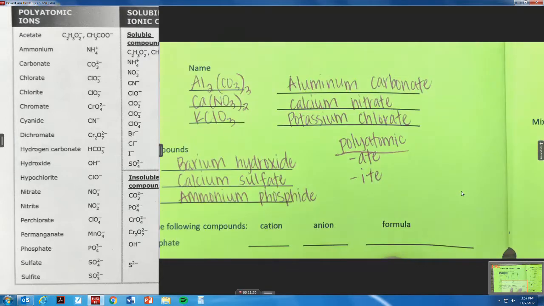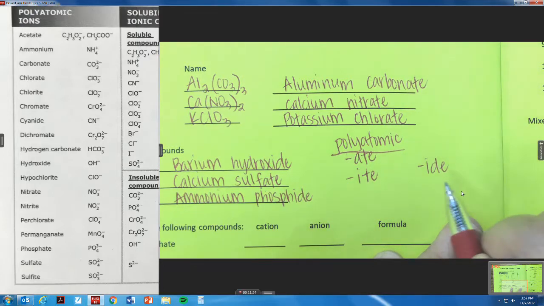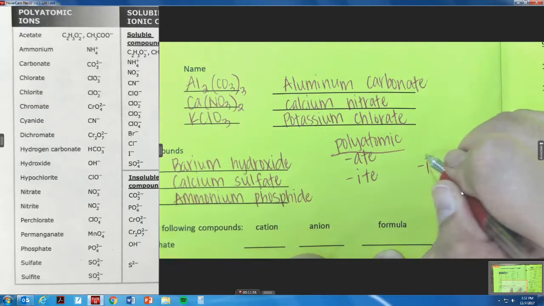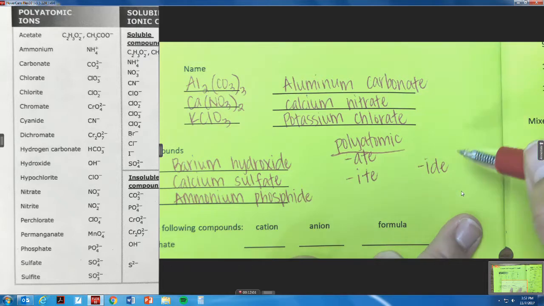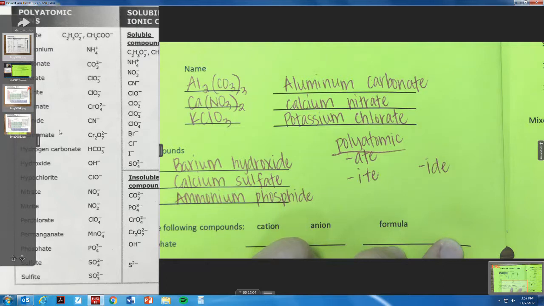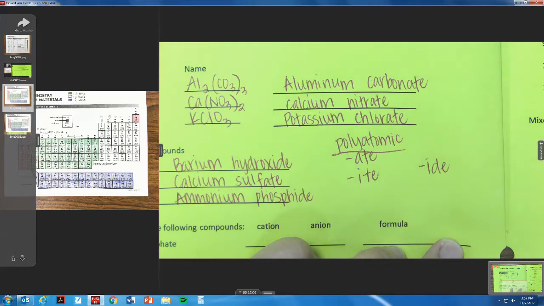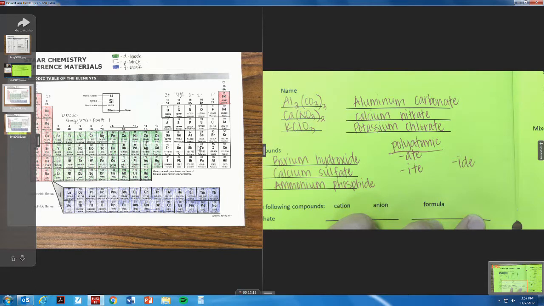Okay, but if it ends in IDE and it's just a single element, then it's going to be just a regular non-metal on your periodic table. Okay, so these non-metals are going to end in IDE.